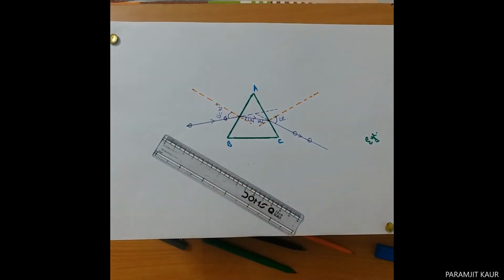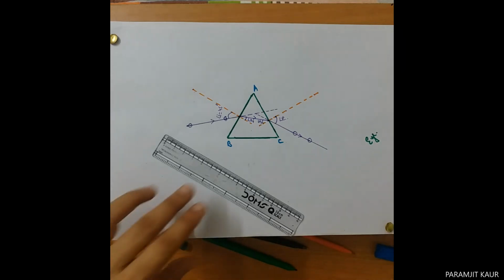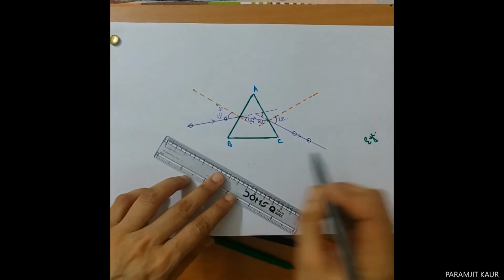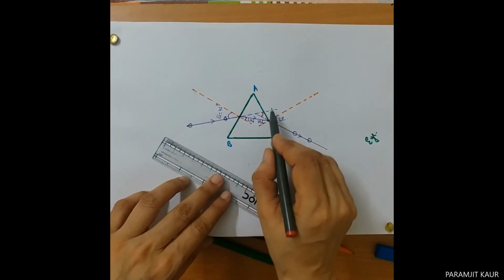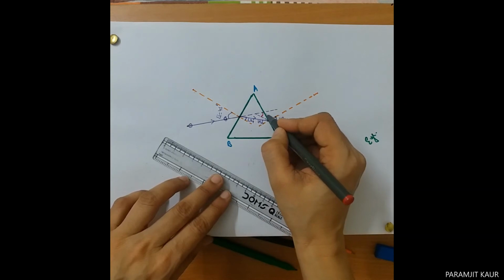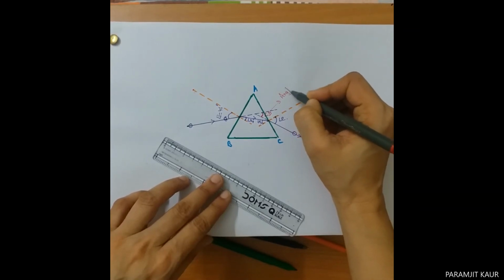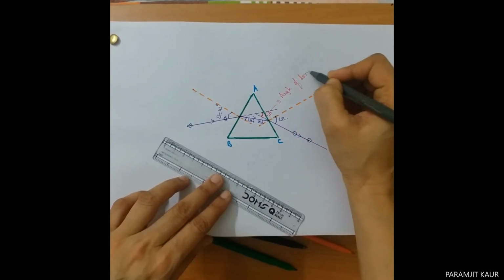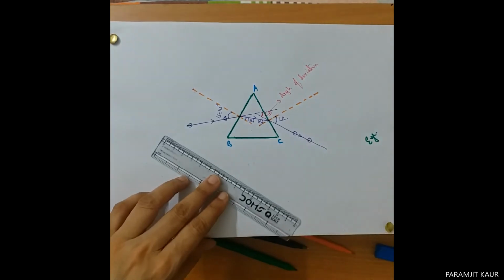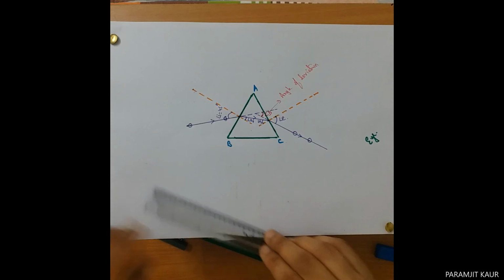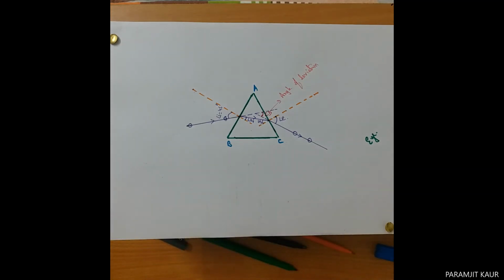So when I extend, I get that these two are meeting at a particular point. Now this angle made by the extended emergent ray and the incident ray is called the angle of deviation. So this angle is angle of deviation.